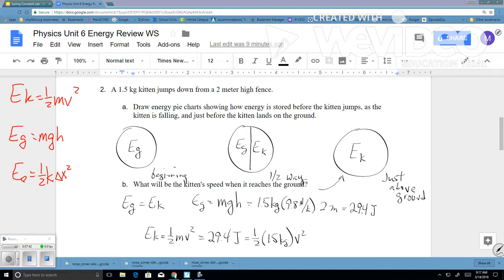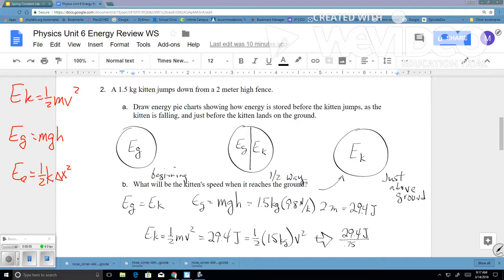So, move over here again a little bit. So, I'm just going to do this. 29.4 joules over 1/2 times 1.5 kilograms is 0.75. So I'm going to take that and put that over here.